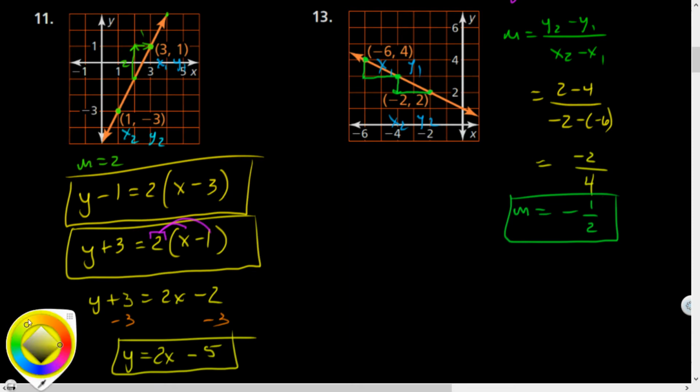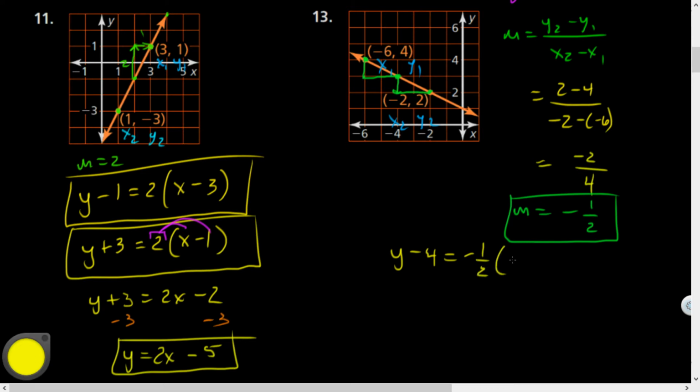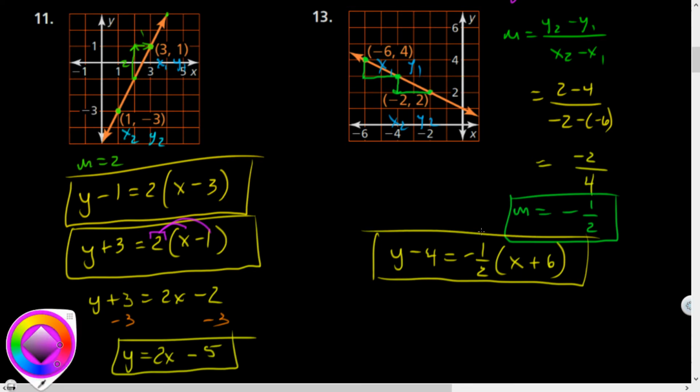So let's write my equation. y minus y1 equals m times parentheses x minus negative 6. Minus a negative 6 is the same as plus 6. So here's point slope form. Oh dear. Let's get this in slope-intercept though. We gotta distribute.